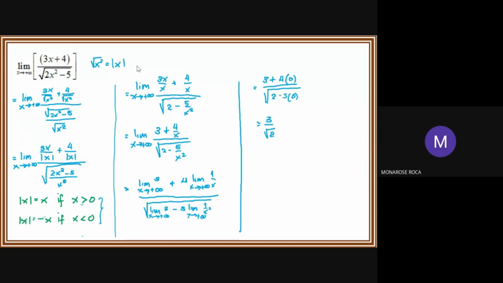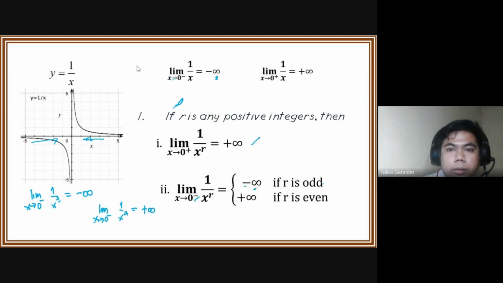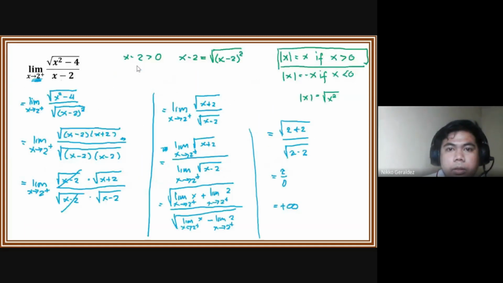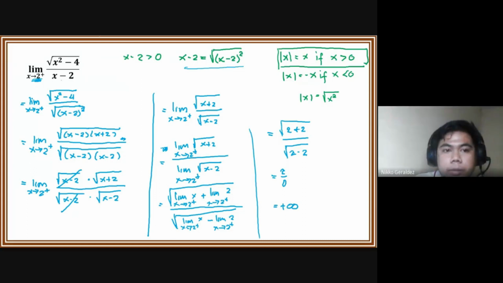Hindi po sir, doon po sa given po na yun. Ito. Bago po yan, di ba po, parang finactor out po natin si square root of x squared minus 4 into square root of x minus 2 times x plus 2.